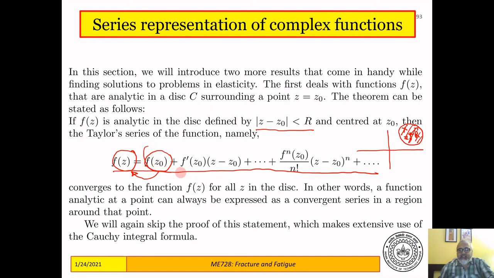So this infinite series is guaranteed to converge to the value of the function at this point, if the function is analytic in the domain. In a domain of analyticity, you can always expand the function in terms of a convergent Taylor series. That is another remarkable property of analytic functions.